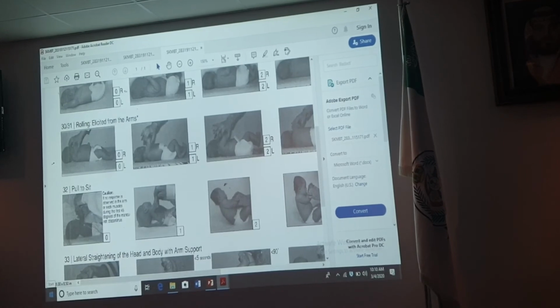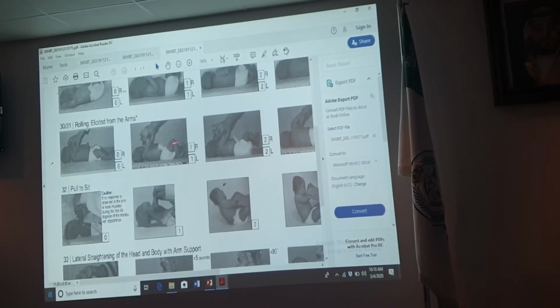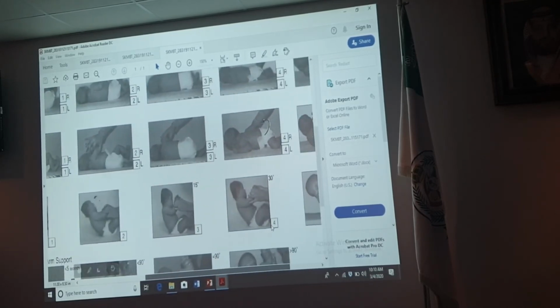Move the hand, and you see the leg is down. Move the hand, the hip has flexed. Move the hand, the hip has crossed the midline. Move the leg, it is completely out, flexed over here.